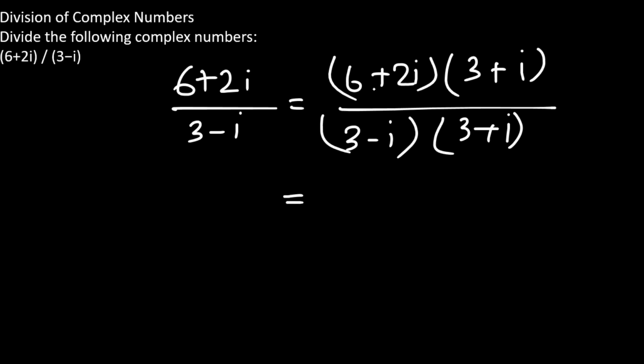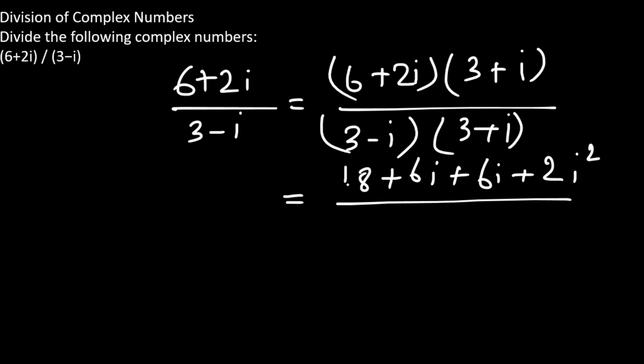Here 6 times 3 equals 18, plus 3 times 2 equals 6i, plus 6 times i equals 6i, plus 2i times i equals 2i square.